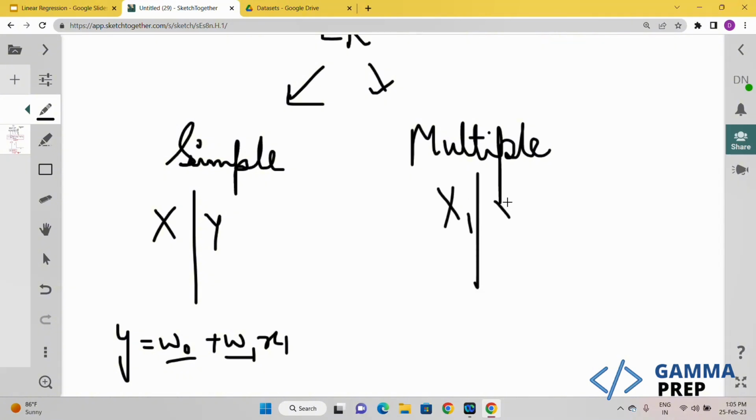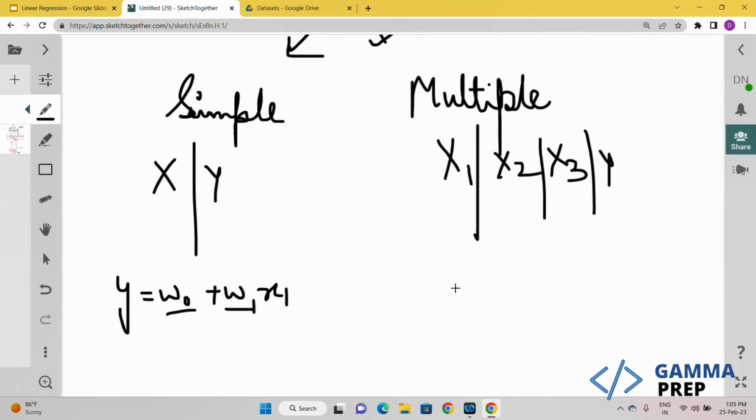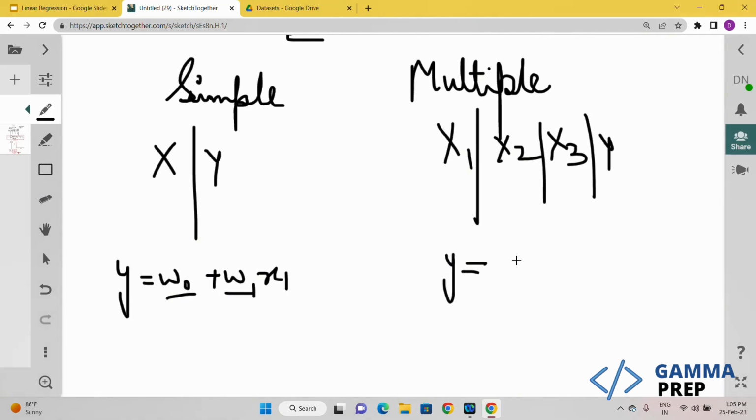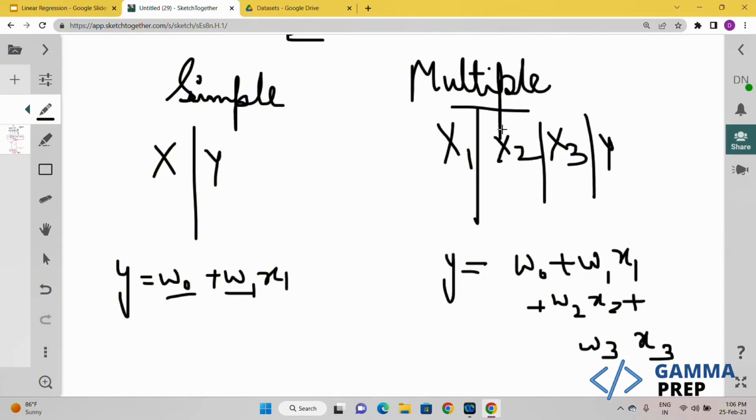Whereas if let's say we have three independent attributes and then one target attribute, in that case our model would look like this. Since we have three features, three independent attributes, the model looks like this. And in multiple linear regression, we have multiple independent attributes, whereas in simple linear regression, we just have one independent attribute. So these are the two categories of linear regression.